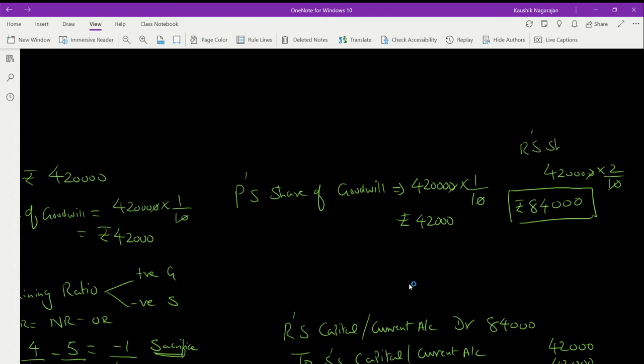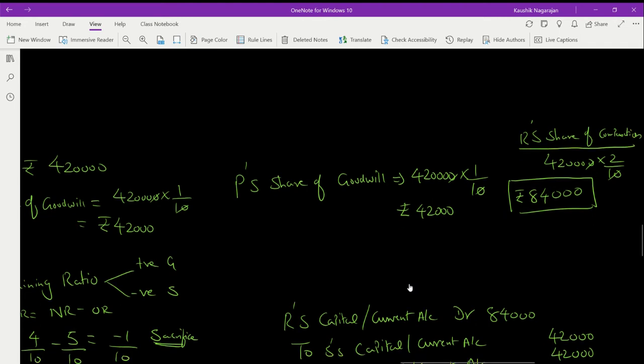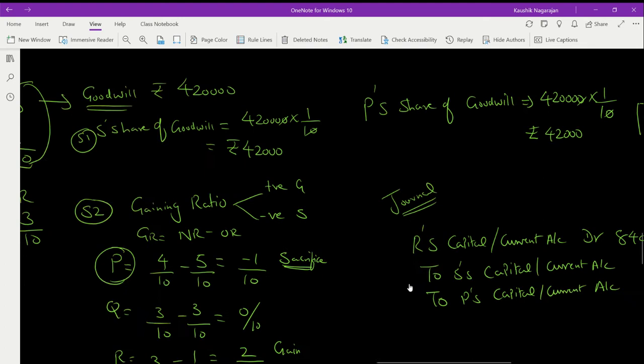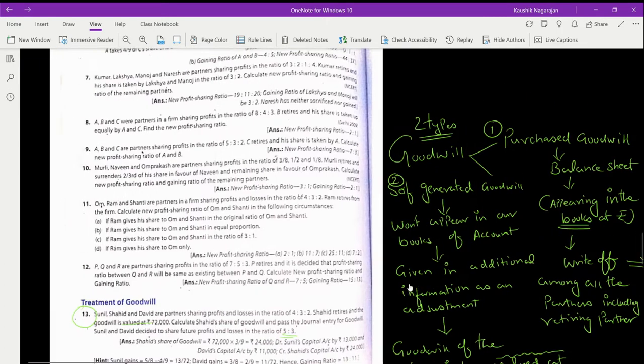So R's share of compensation, because R is the one who's going to give the compensation, is 84,000. Got it? So this is your journal entry. The question has asked us very clearly to pass the journal and to show your workings clearly.